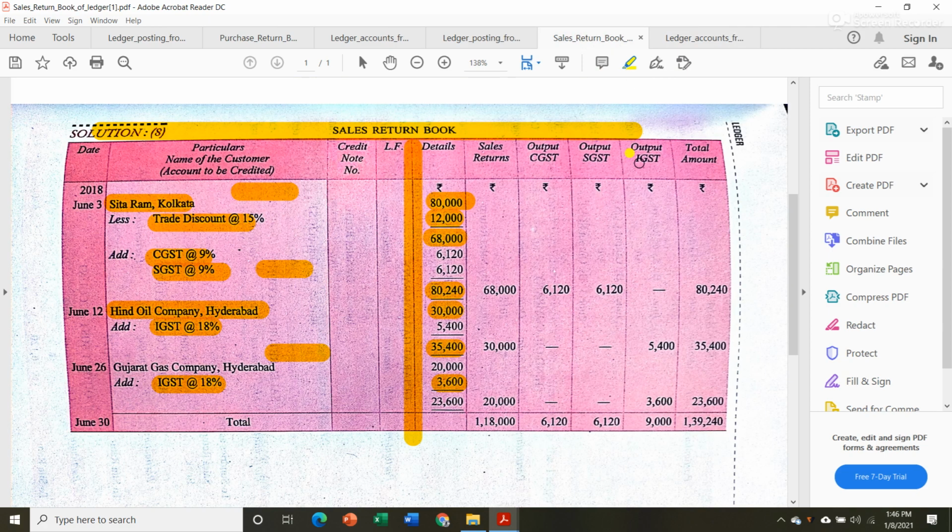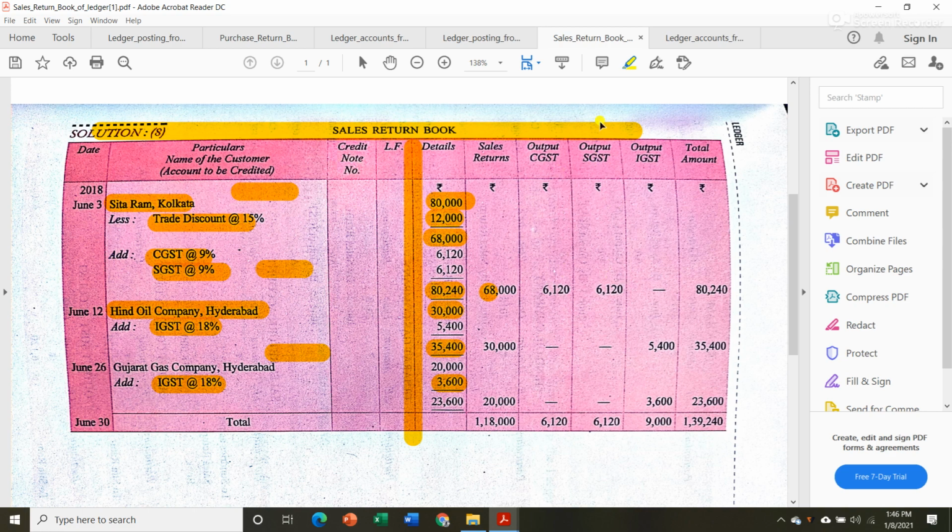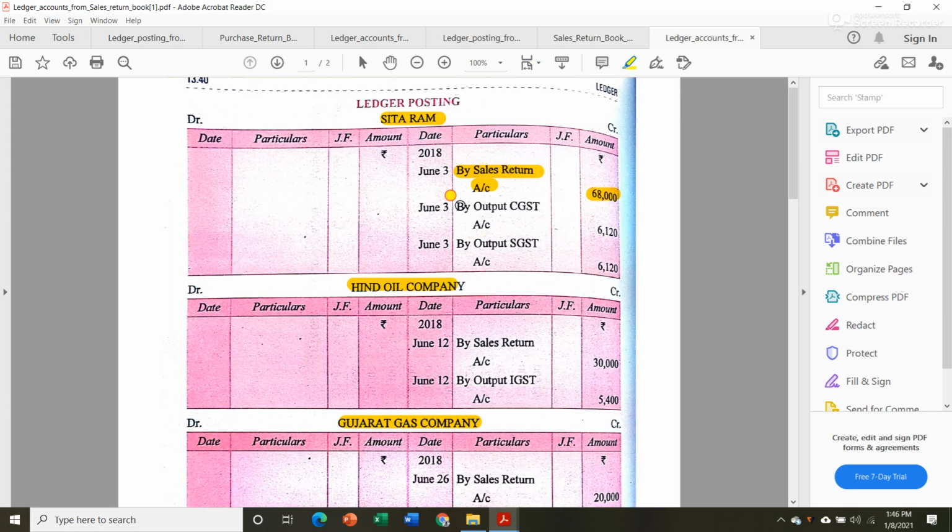Okay, Sitaram. Now first amount is appearing in sales return column, so in Sitaram we will write by sales return account 68,000. Then next amount is appearing in CGST and SGST, so in a similar way we will write by output CGST, by output SGST 6,120 each.